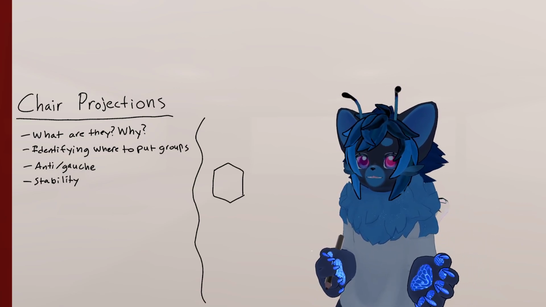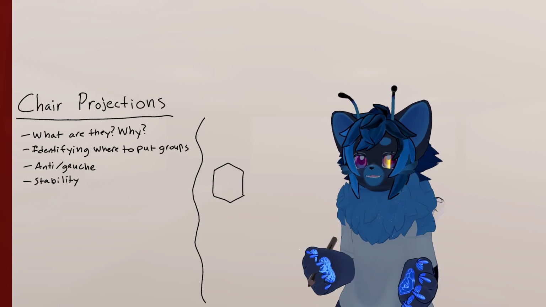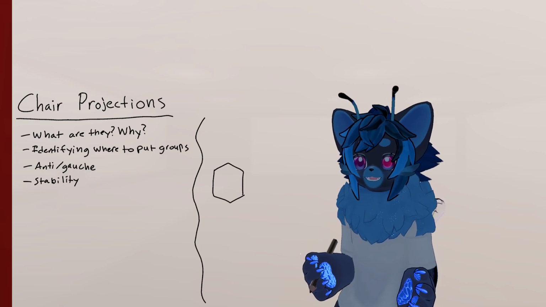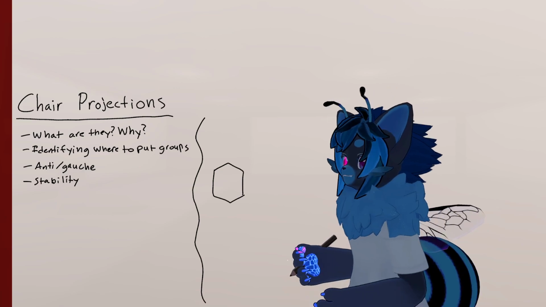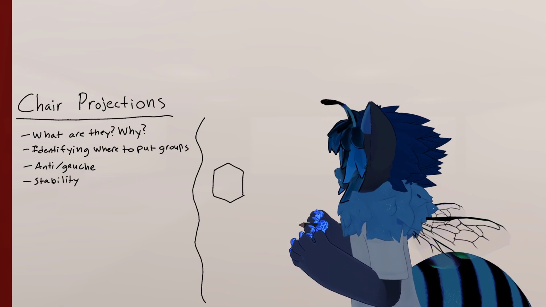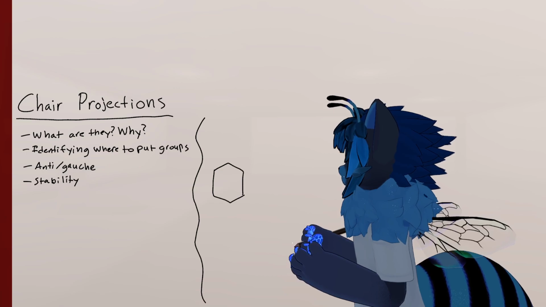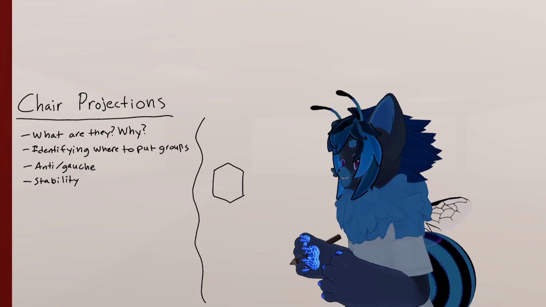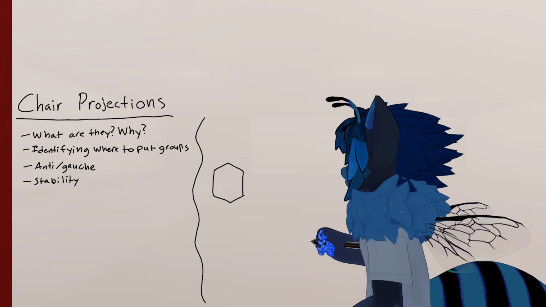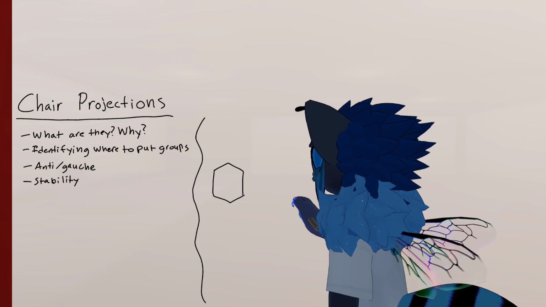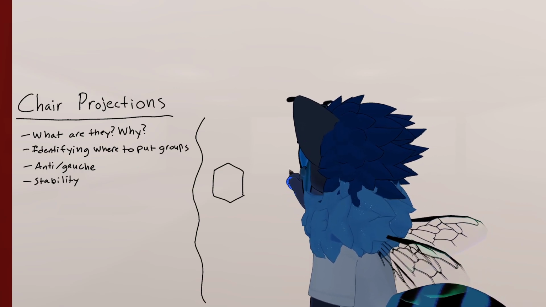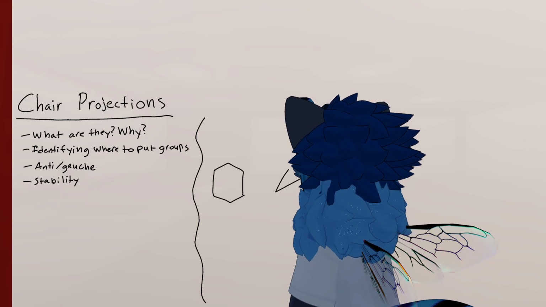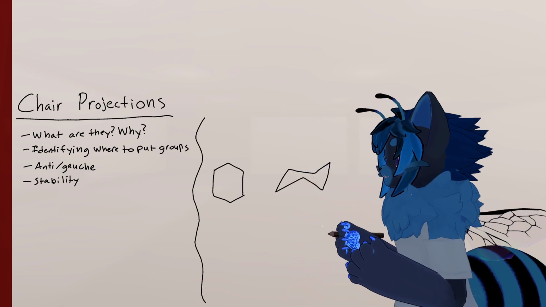Because of the tetrahedral shape, there are specific ways that groups are going to be laid out on the ring compared to where that carbon is. The way that we draw these 3D structures is what we call the chair projection, where the molecule sits like a lawn chair, essentially, with this shape to it.